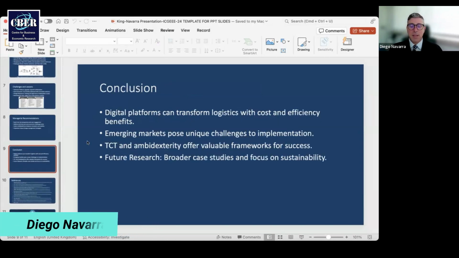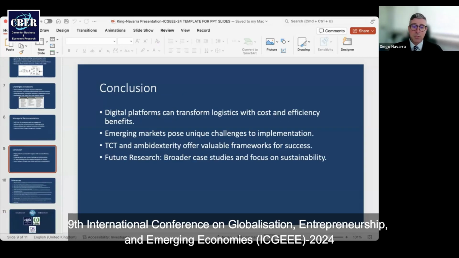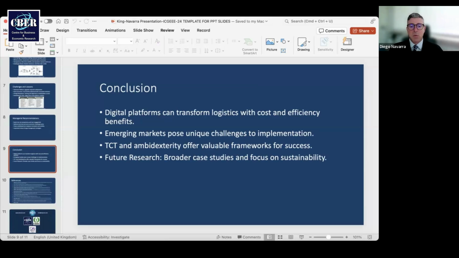So in conclusion, it's true that on one hand, there was an initial part where there was a transformation, and this was promising, but there were some unique challenges in emerging markets that also had to be considered. And this idea of ambidexterity indeed supports a more nuanced understanding of not just the technical challenges, but also the organizational issues and the business issues as well.